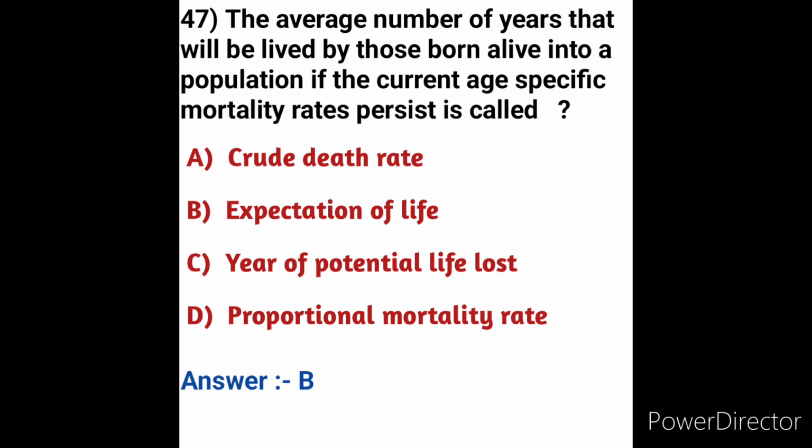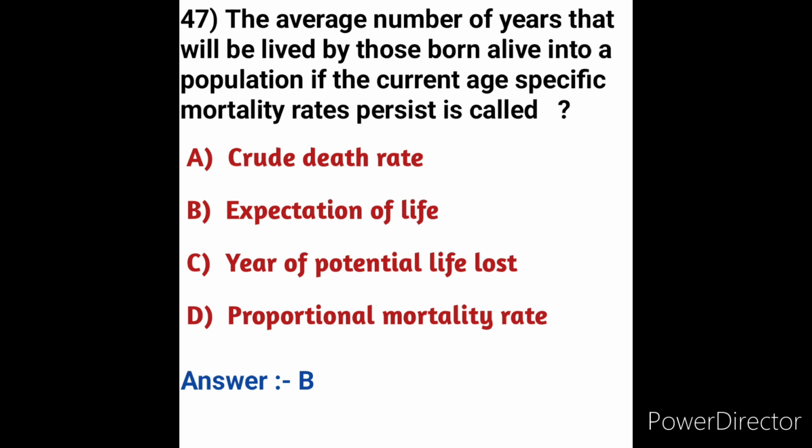So here option B is the correct answer. Expectation of life is the average number of years that will be lived by those born alive in the population if the current age specific mortality rate persists.